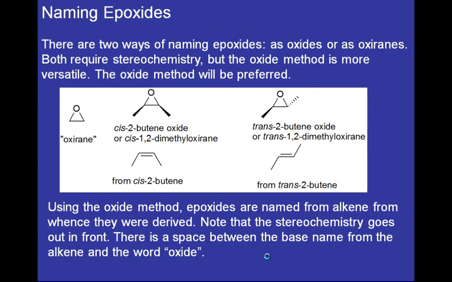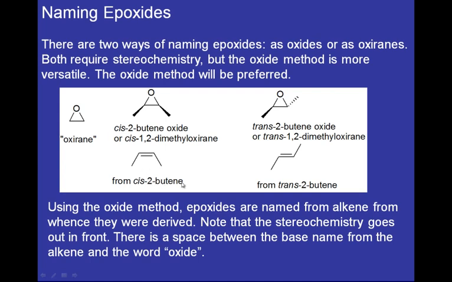Alright, so this is a compound we're trying to name, and as you can see, it's a cis epoxide. The way that it's named is that we take the oxygen off and turn it back into the double bond compound from which it was made. Since this is cis, this must have been a cis double bond, so this would be cis butene.